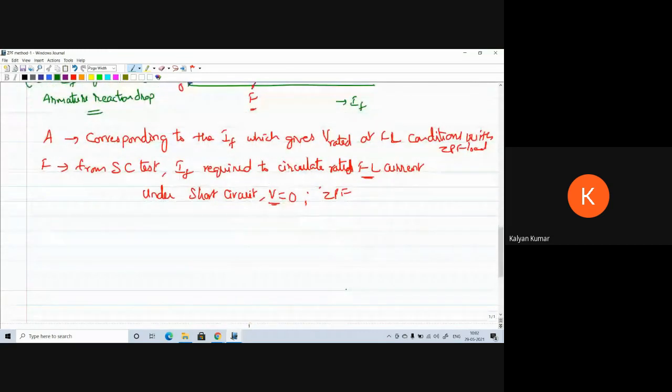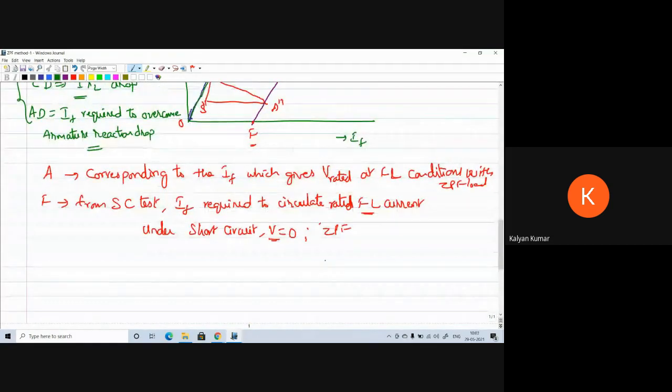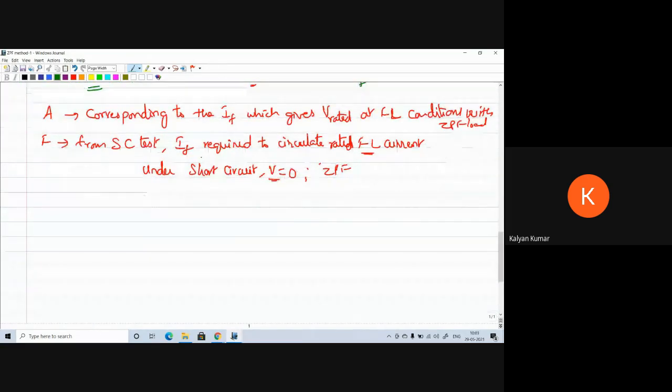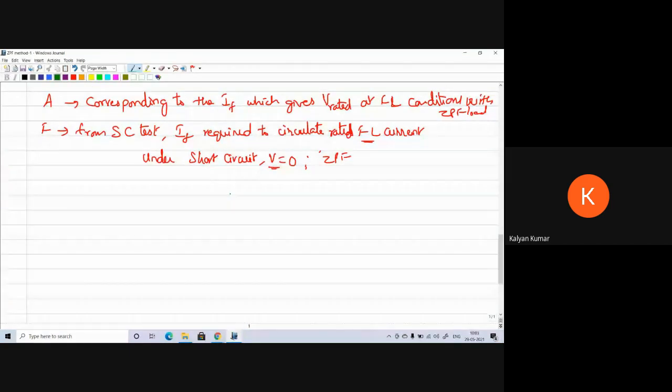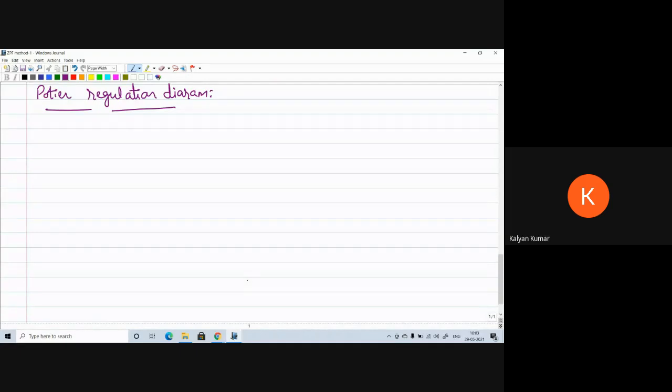Okay. Now, after obtaining these two values, we can get the Potier regulation diagram, and from that diagram, we will get the regulation of the alternator. Let's see how to plot the Potier regulation diagram.